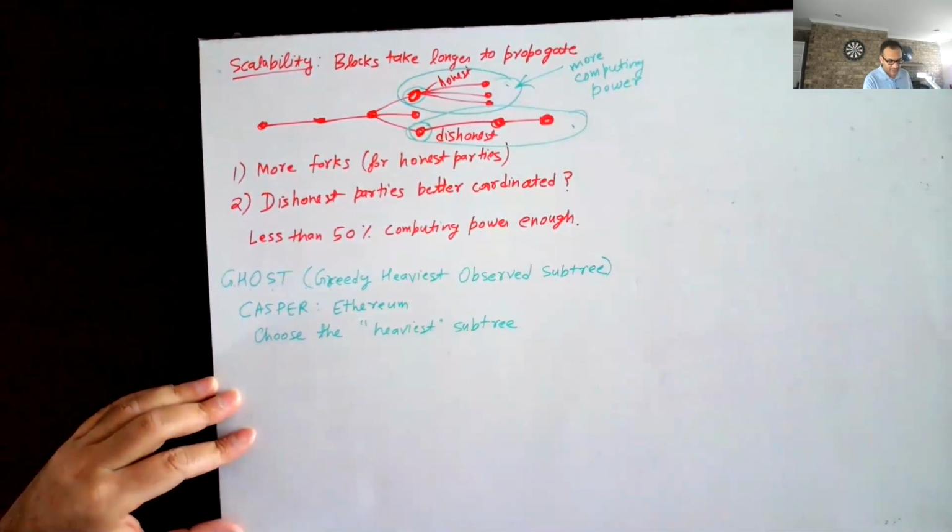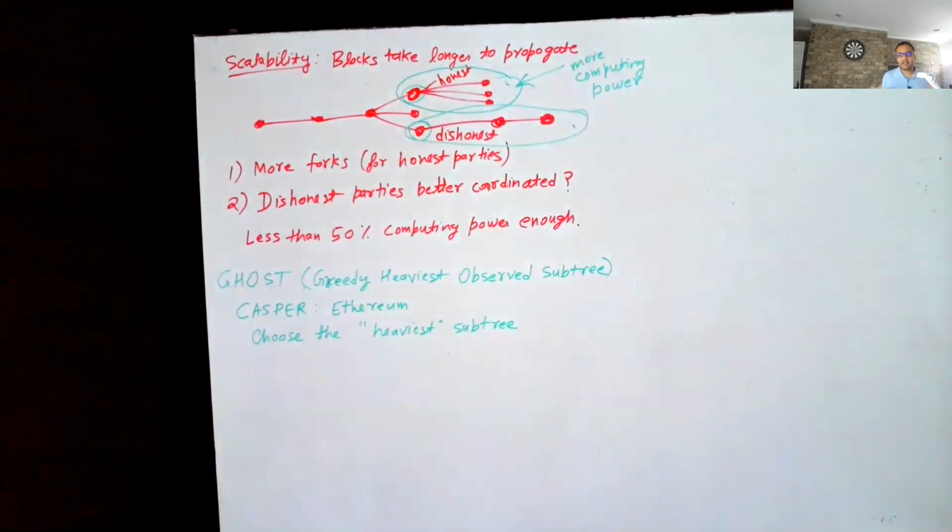So even if some honest party produced a fork, the fork eventually died down. That fork still plays a role in determining whether this particular chain or this particular tree is selected or not.